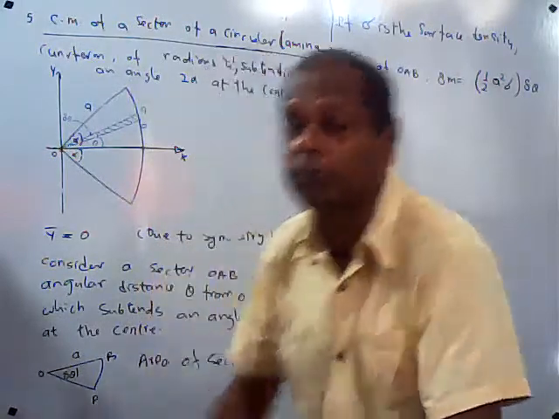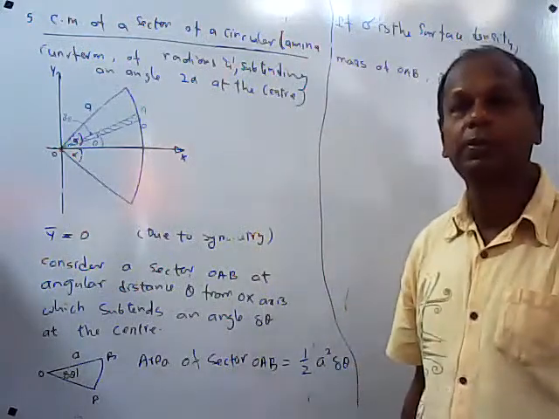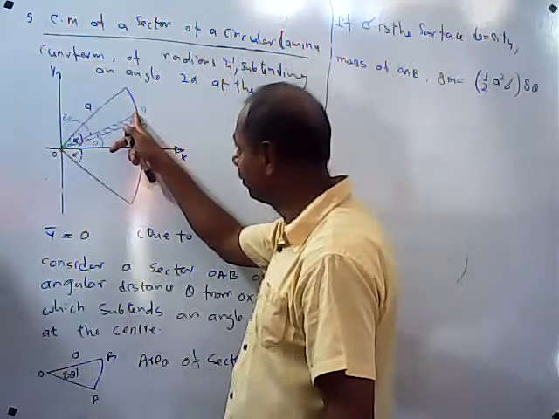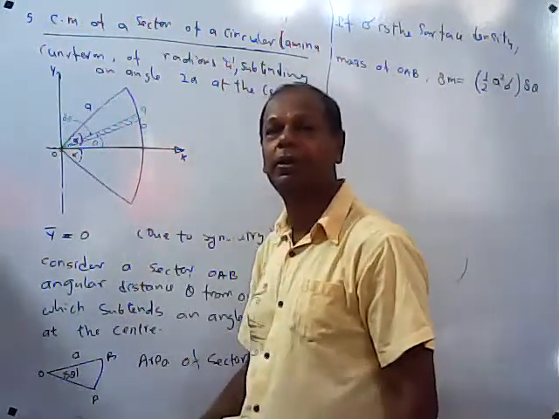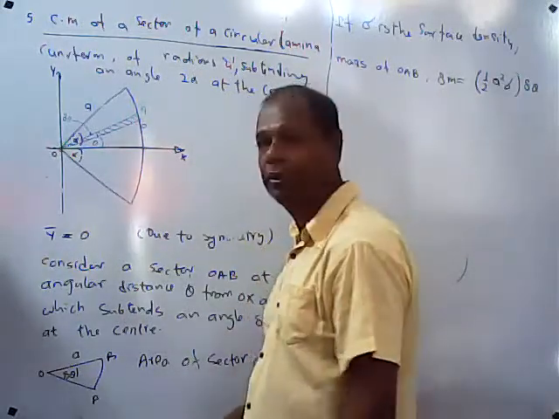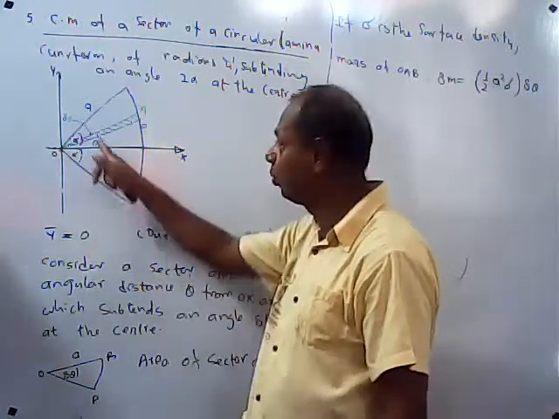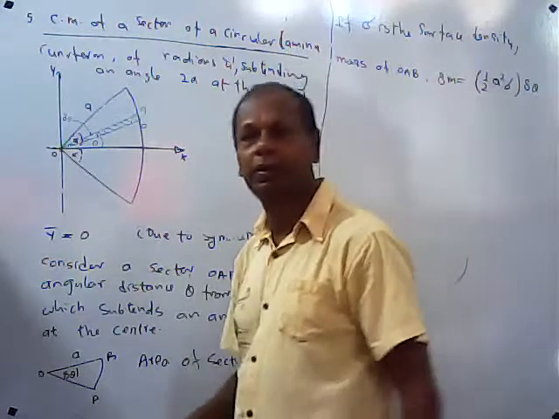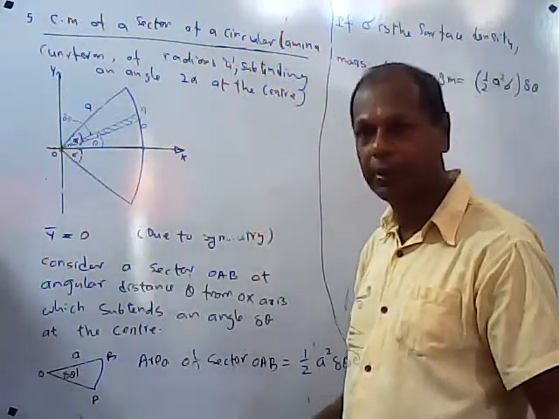If you want to approximate it to something, the best option is you can approximate it to a triangle. For small delta theta, you can approximate it to a triangle, right?